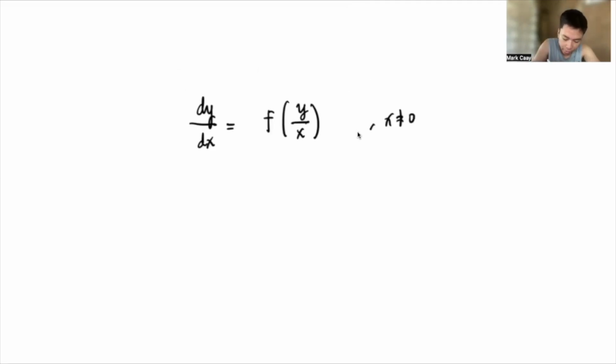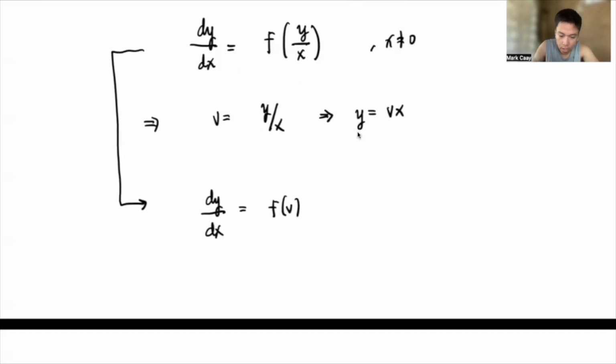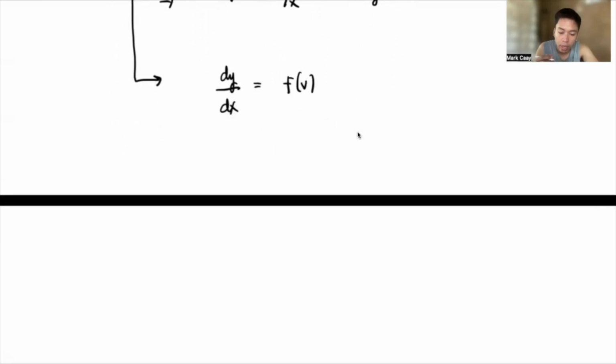So in order for us to solve that, again, we let v equals y over x, or simply y equals vx. So in this case, this becomes dy/dx equals f of v. And so if we want to get the derivative, we may apply the product rule. So we would have dy/dx, and that's d of vx over dx.